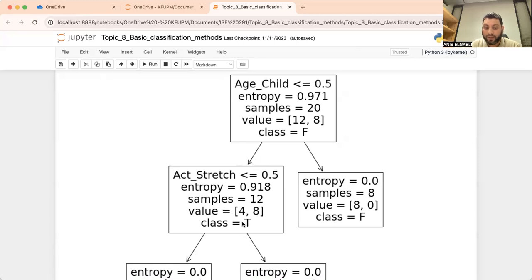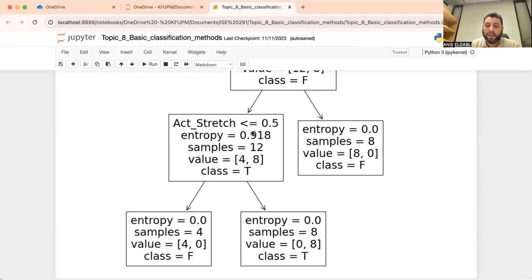So if I want to stop here, I don't want to continue, I do majority vote, and I will choose class true for all of these 12 samples. 2/3 of the time, I will be correct because 8 samples belong to class true, but 1/3 of the time, I will be wrong. So if I stop here, I will run into an error 1/3 of the time.